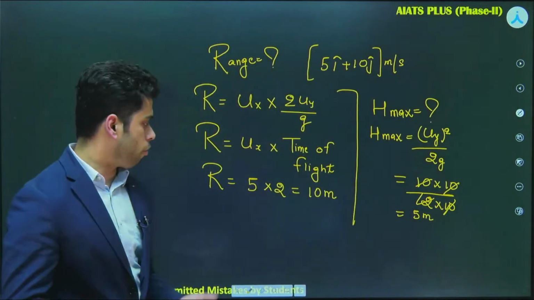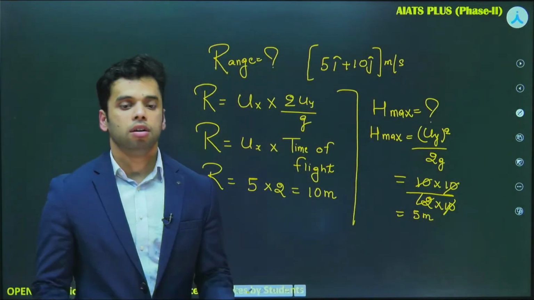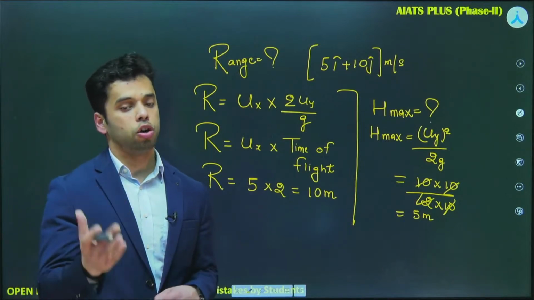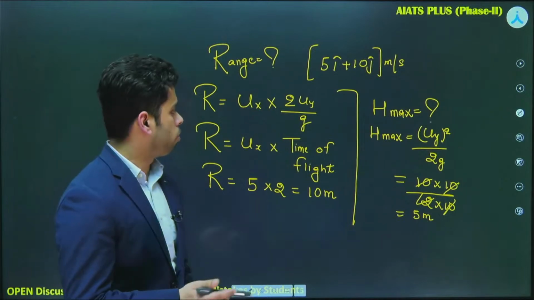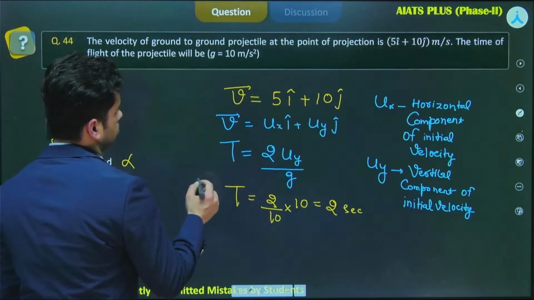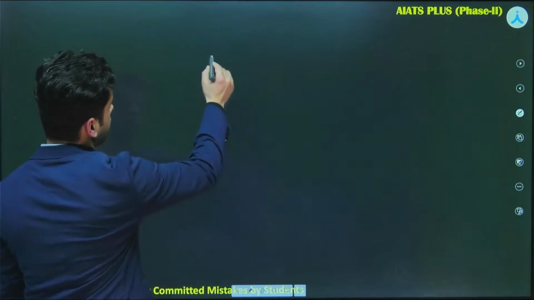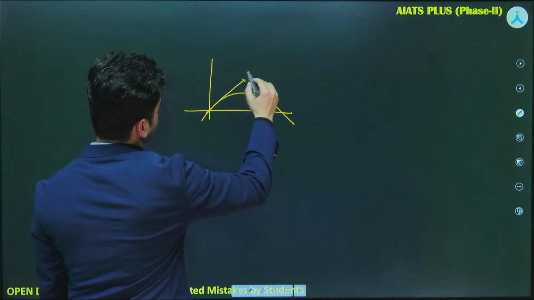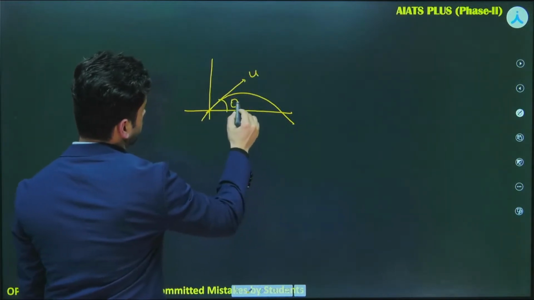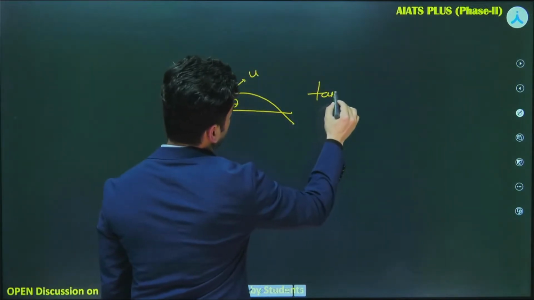We calculated the range, we calculated the maximum height. Give me the angle of projection from the horizontal. Suppose that the projectile was projected with a velocity u at an angle theta with the horizontal, what should be the value of tan theta?